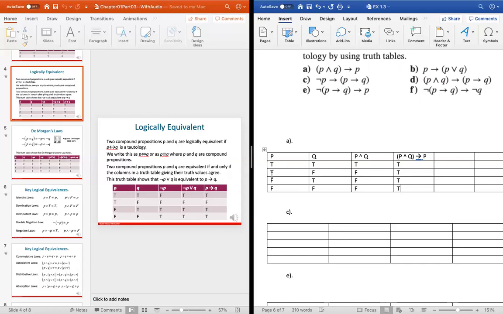If it is truth implying a false, then this is false. If this is the other way around, so P is here and P and Q is over here, then it's going to be false. But if it is false implying a truth, then it's going to be a truth.